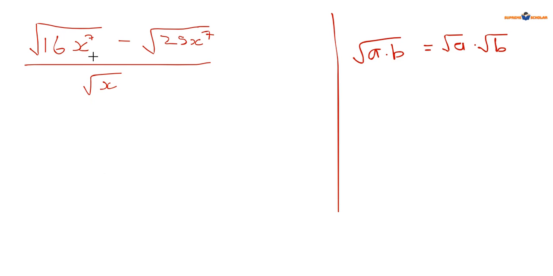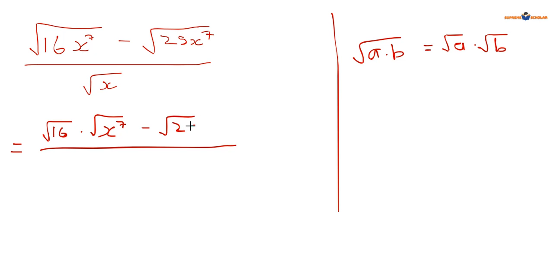Remember the question: they want you to simplify this expression, not necessarily solve for x. So the first step is to change this using that rule. This becomes the square root of 16 multiplied by the square root of x to the power of 7, minus, same thing here, the square root of 25 multiplied by the square root of x to the power of 7, and then we have the square root of x.